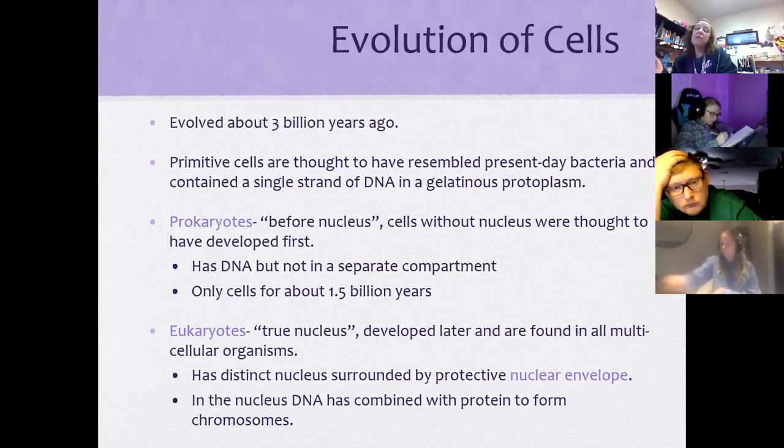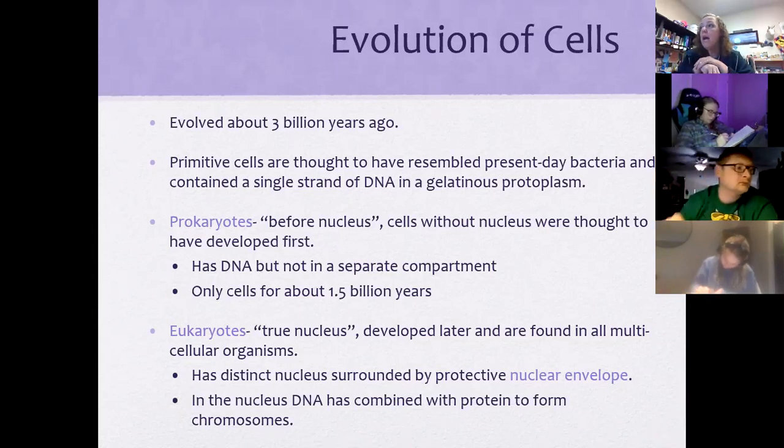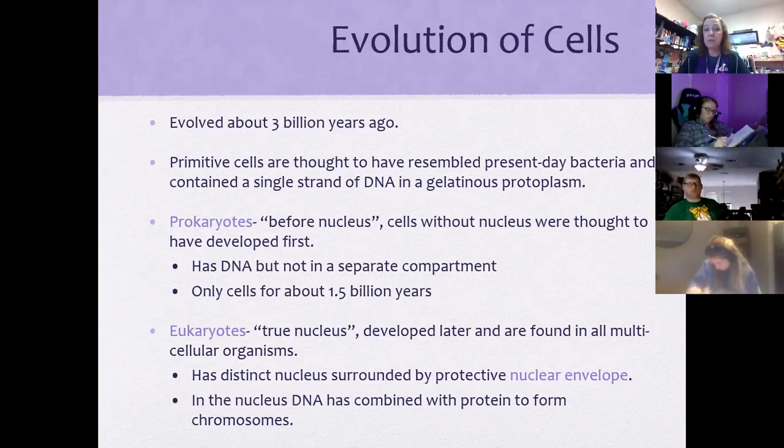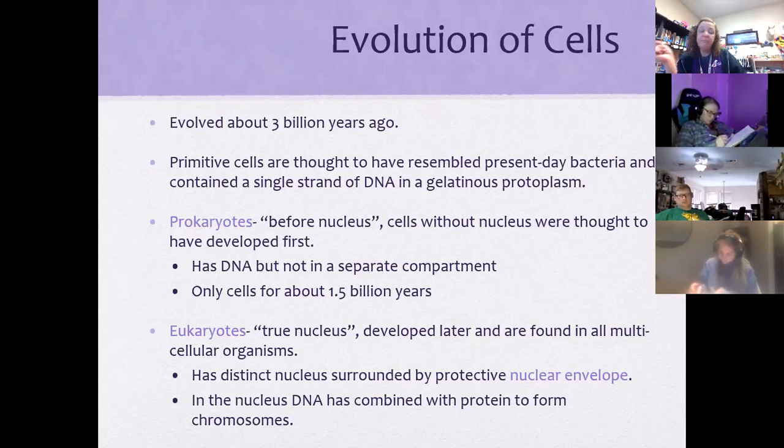Now, as these cells evolved and became more and more complex, suddenly we formed the castle, the nucleus, and this is where our DNA is going to be housed. So prokaryote means before nucleus. We still had DNA, but it was not in a nucleus.